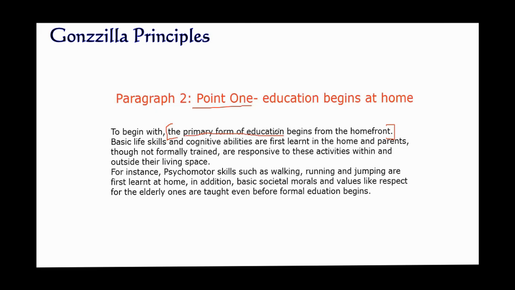Basic life skills and cognitive abilities are first learned in the home, and parents, though not formally trained, are responsive to these activities within and outside their living space. So I'm referring to basic life skills and cognitive abilities, and building on that idea to have my first extension.